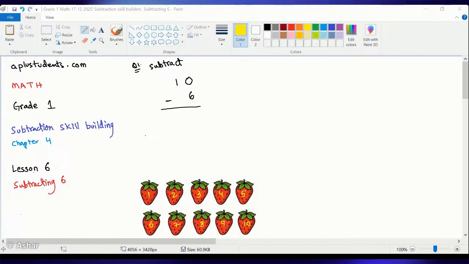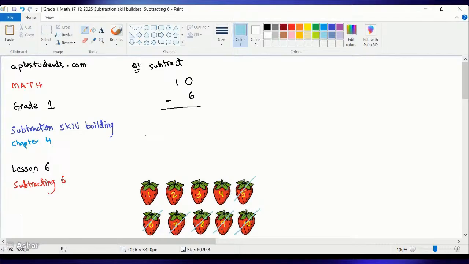So out of the 10, we need to subtract 6. That means if someone ate 6 of them, let's see how many are we left with. So we remove this 1, 2, 3, 4, 5, and 6.